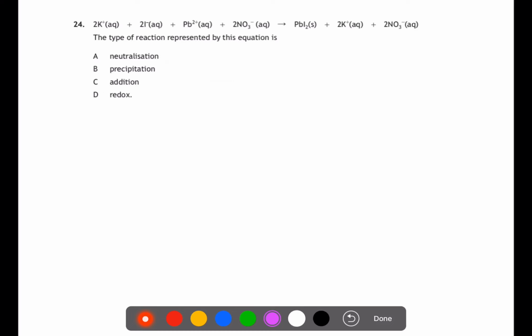Question 24. The type of reaction represented by this equation is what? So neutralization occurs when you neutralize an acid. Precipitation happens when you have two solutions which produce a solid.